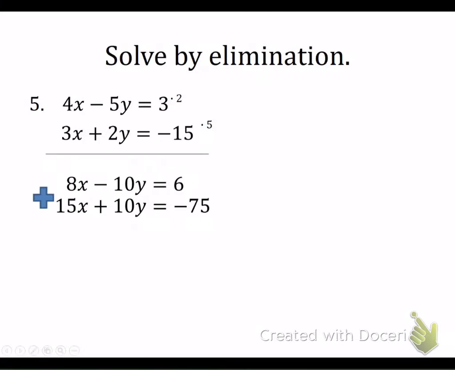We're ready to add those. 8x plus 15x, 23. The y's are gone. What do I get in the back? Good, because those will divide evenly. When you divide negative 69 by 23, you get negative 3.